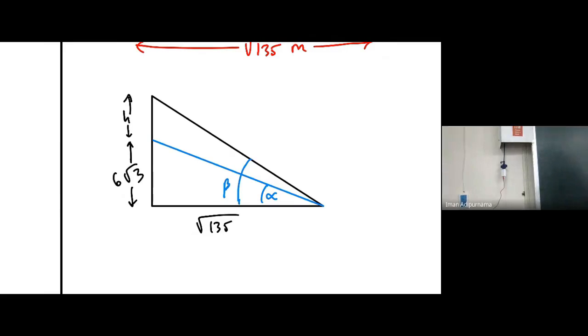You already have this ground and this side. You already have alpha, beta, and I said it's complementary, and I think I mentioned and wrote it down. So alpha plus beta should be 90, because it's complementary.